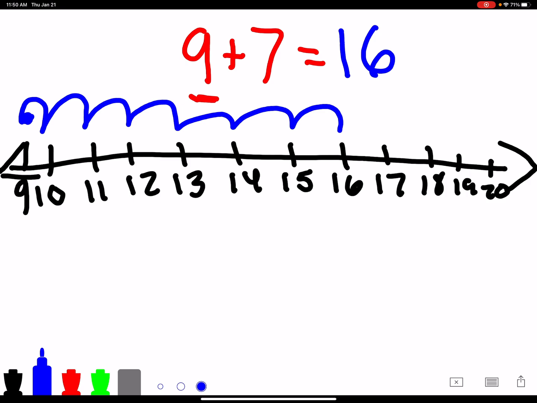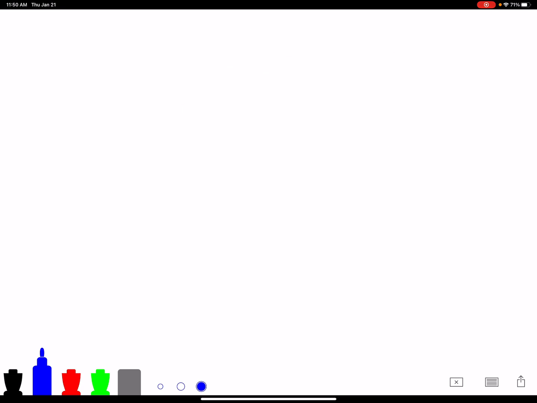Another thing about 4.8 is that it has more word problems. So you have to pay good attention to the words in the problem, because it could be minus or it could be addition. Here are some words that might be helpful for knowing when to use addition or subtraction.